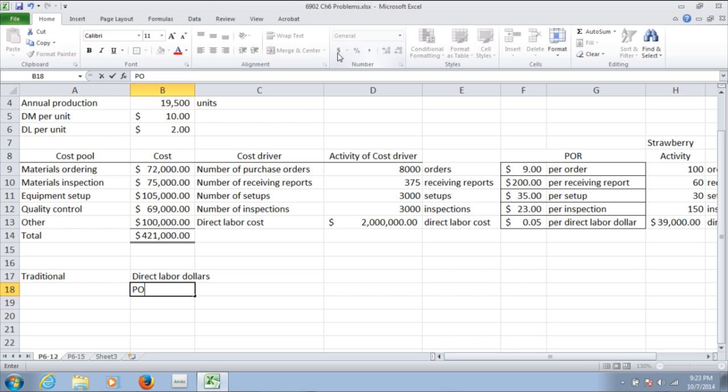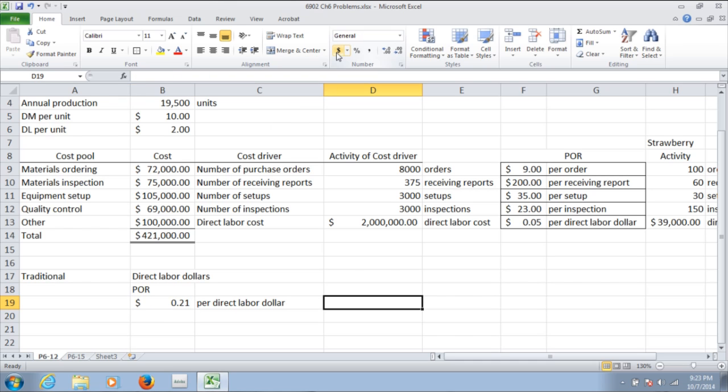So finding the POR here, we would take the estimated total overhead of 421,000 and divide by the estimated direct labor cost of 2 million. And so we'd end up with an amount per direct labor dollar. So just over 21 cents per direct labor dollar.